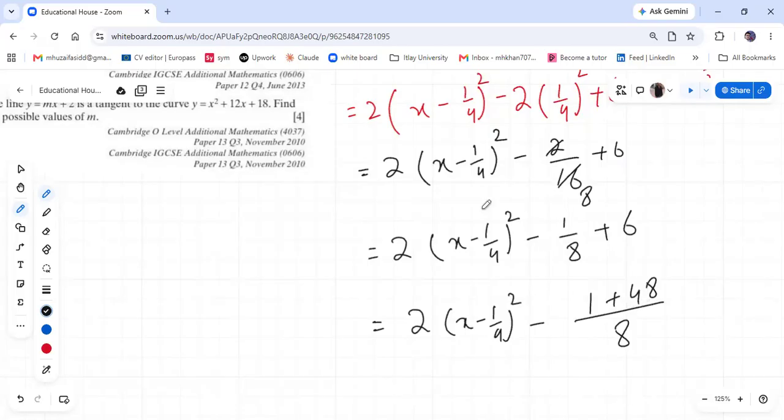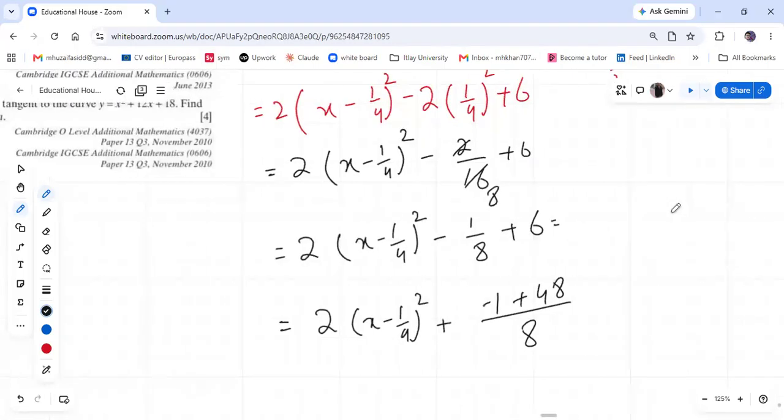If we solve this separately, this is plus 1, this is minus 1. Can I take it? Because this one term is minus, here I am rearranging it for more understanding and simplification. This is 2 into x minus 1 over 4 square, plus 6, and minus 8.